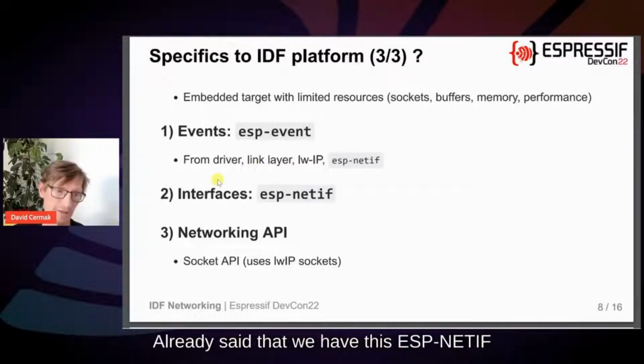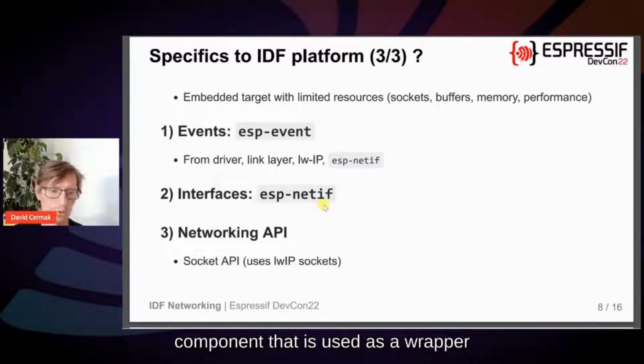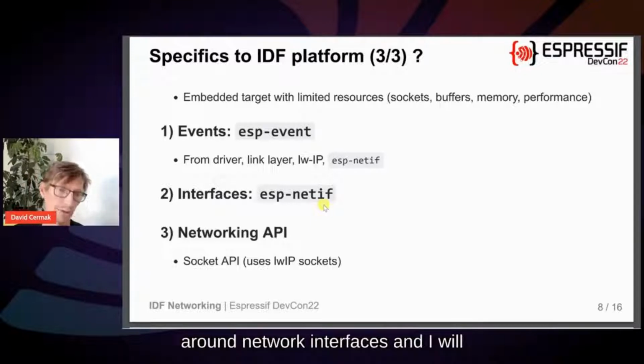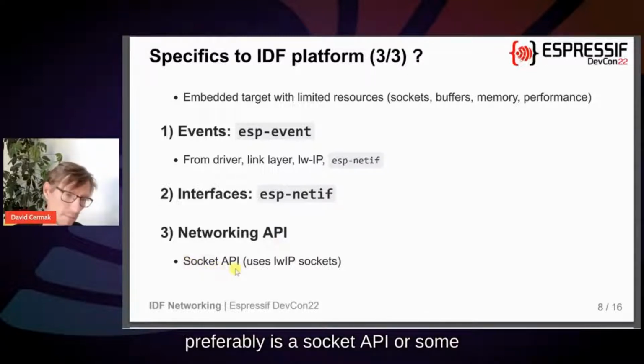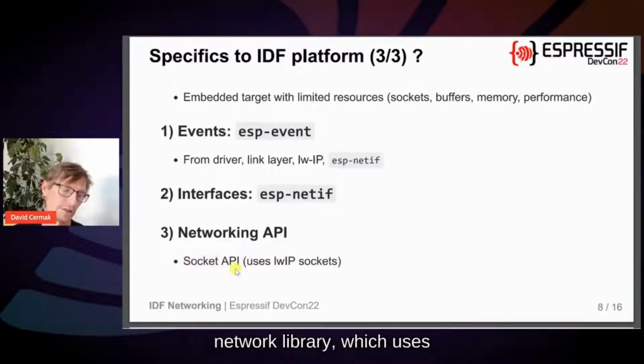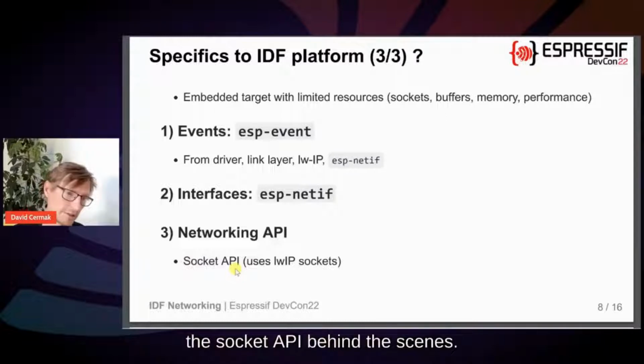I already said that we have this ESP-NetIF component, which is used as a wrapper around network interfaces, and I will talk about it later with a lot of examples. And the last point is the networking API, which usually and preferably is the socket API or some network library which uses the socket API behind the scenes.